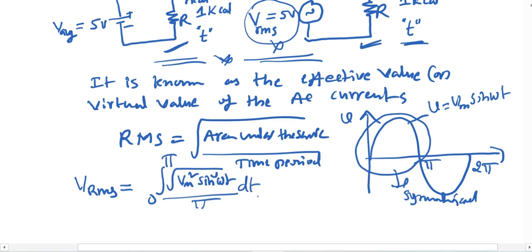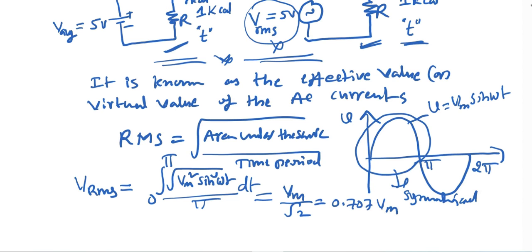If you solve this equation by using trigonometric formulas, you will get Vm by root 2, which is 0.707 Vm. This is how the RMS value, or effective value, of an AC quantity can be calculated.